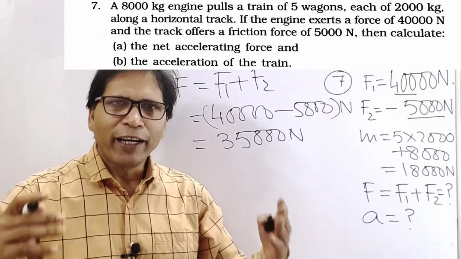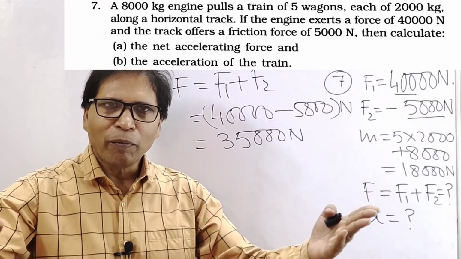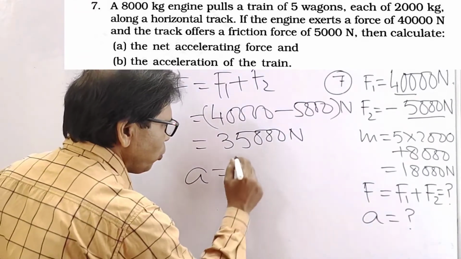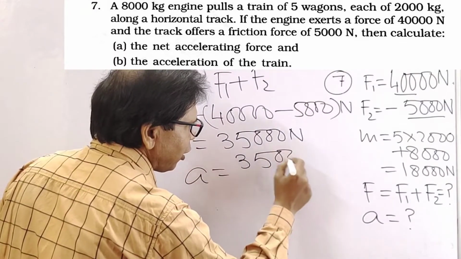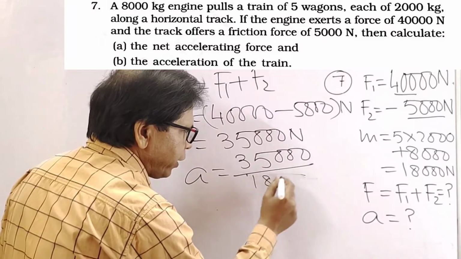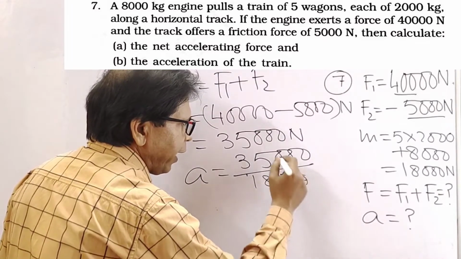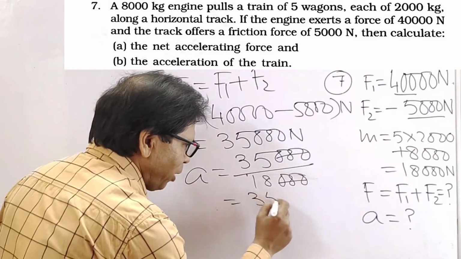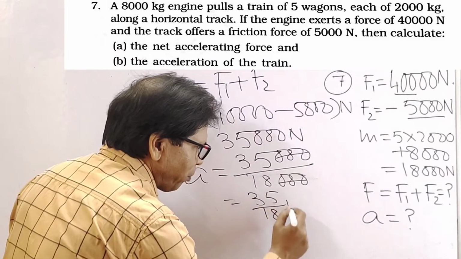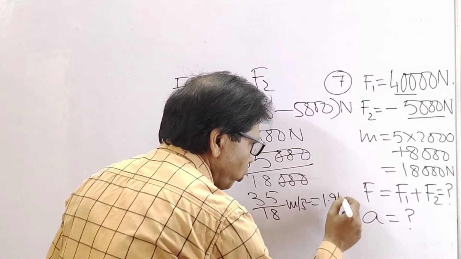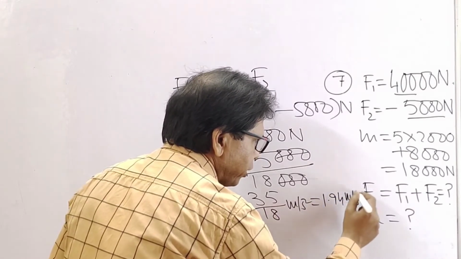Acceleration equals net accelerating force by mass of the train. So look at this, acceleration is equal to the accelerating force, 35000, by total mass 18000. This and this cancel out. Okay, so this is 35 by 18 meter per second square. This equals 1.94 meter per second square.